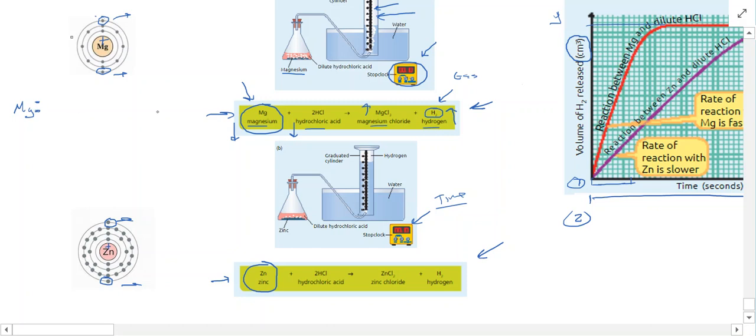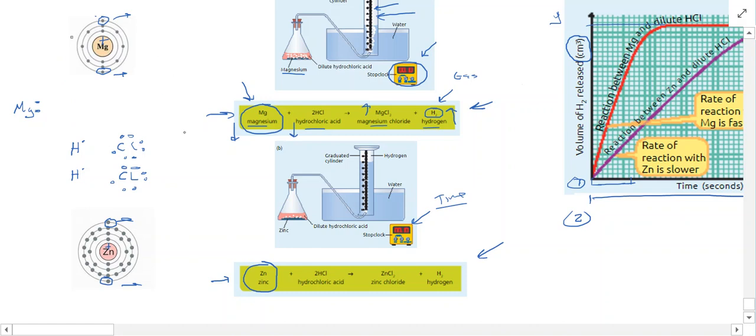When you put HCl, hydrochloric acid, into water, it's going to split up into 2 hydrogen ions and 2 chloride ions, because you have 2 of them here. And remember, chlorine has 7 electrons in its outer shell.